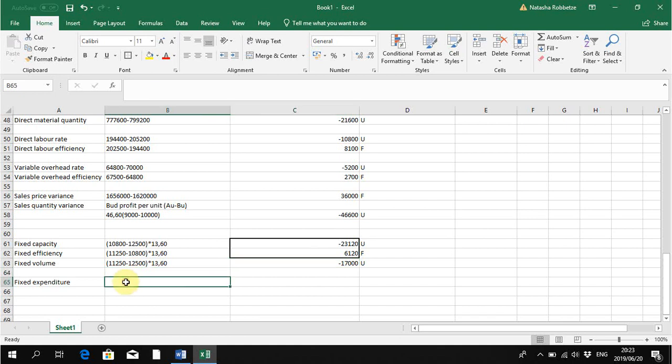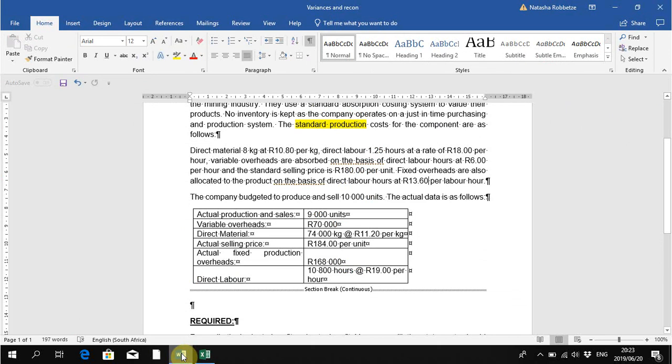Then we have the expenditure variance, which is pretty straightforward. It is just the budgeted fixed cost minus the actual fixed cost. So what will be the total actual fixed cost? If I look at my information, it is based on labor hours, which is 10,800 actual hours, and I see that the actual fixed cost was given as a sum of 168.